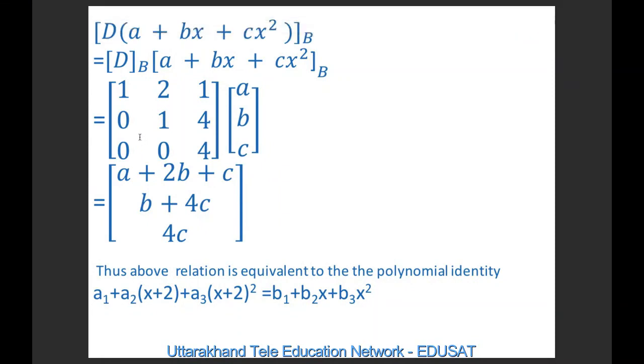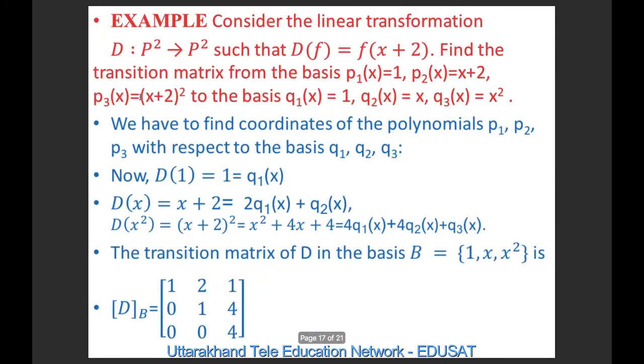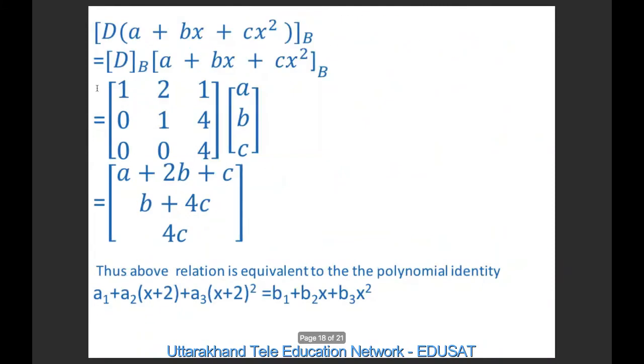So d of (a + bx + cx²) is equal to D_B times (a, b, c). D_B we have found: 1, 2, 1, 0, 1, 4, 0, 0, 4, and this is a, b, c. If we multiply these two, 1 into a plus 2 into b plus 1 into c gives a + 2b + c, 0 into a, 1 into b plus 4 into c gives b + 4c, 0 into a plus 0 into b plus 4 into c gives 4c.